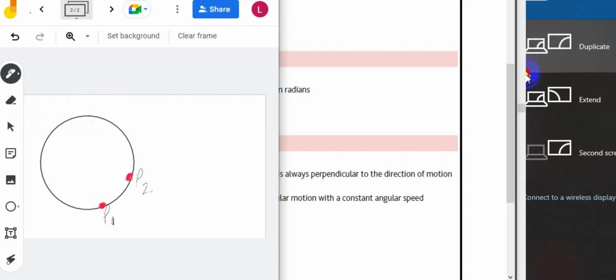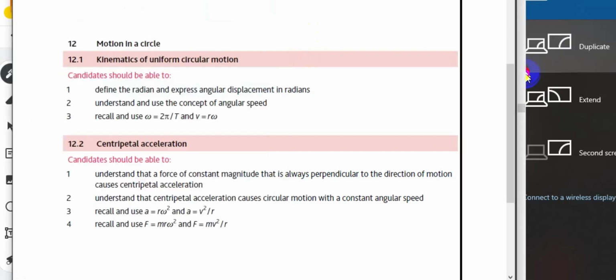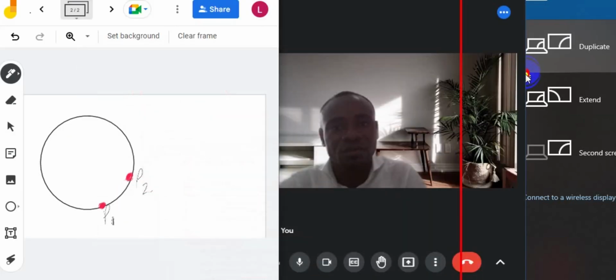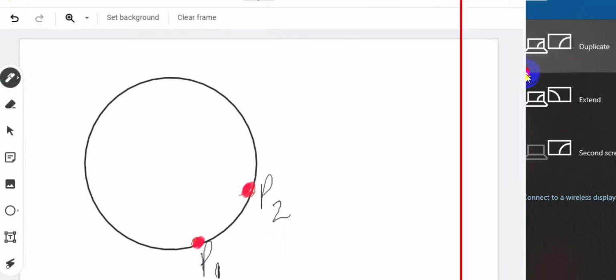Let me zoom this out so that it can appear better. So the object starts from P1 and moves to P2. It covers a linear displacement of P1 to P2.